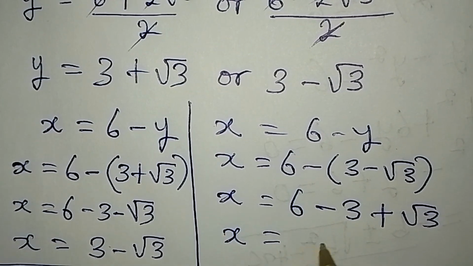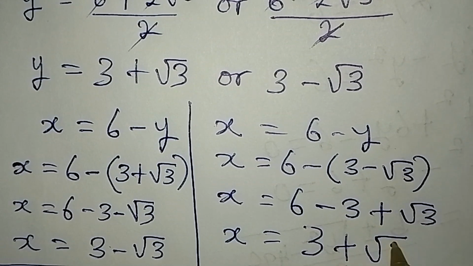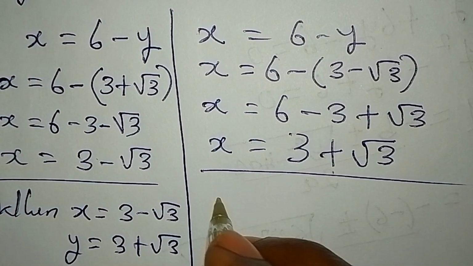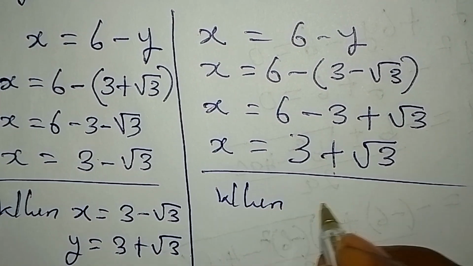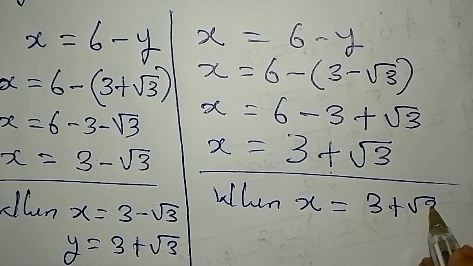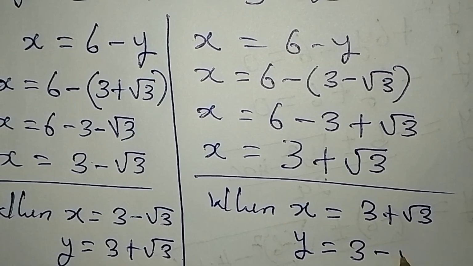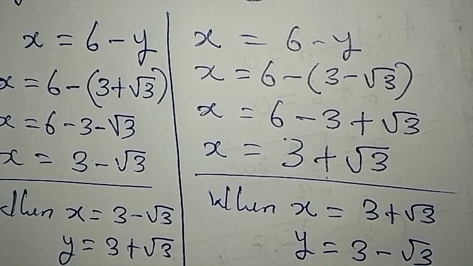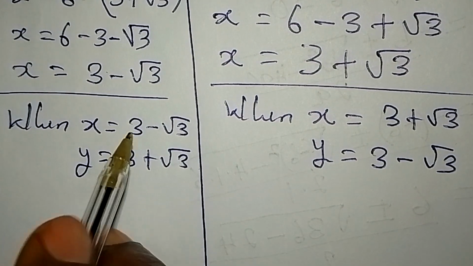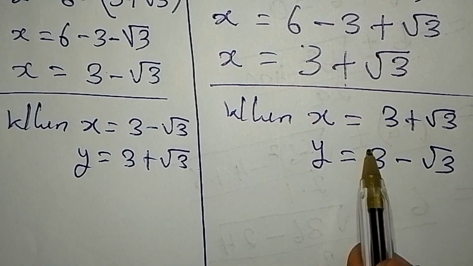Now x is equal to 3 plus root 3. What does this mean? It means that when x is equal to 3 plus root 3, y is equal to 3 minus root 3. So from here, we can say that we are through. These are the two values of x and y.